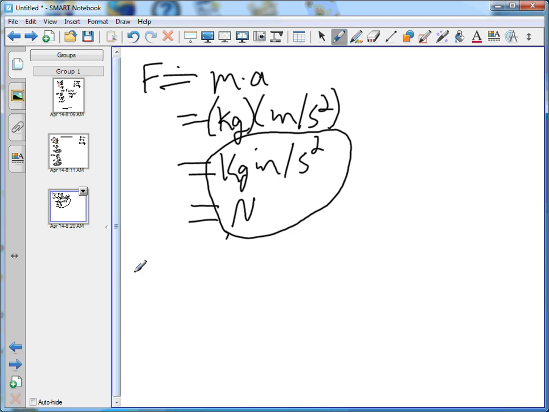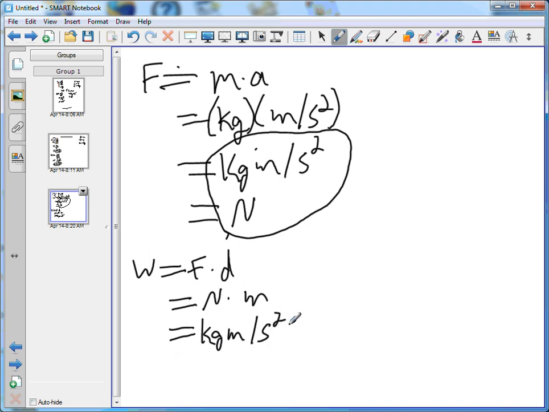In this unit, we're now looking at work, which is equal to force times displacement. So force is in newtons times displacement in meters. We know that a newton is a kilogram meter per second squared.